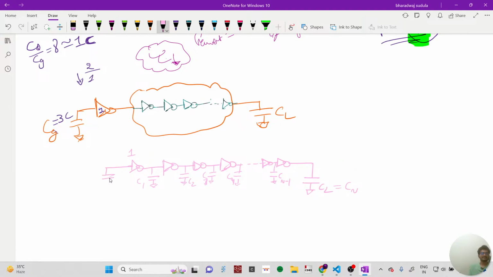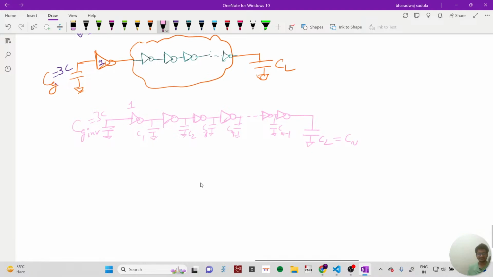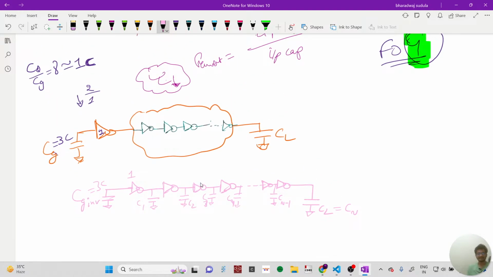And this is the minimalistic inverter's input gate cap. Let's consider it as CG inverter, which is actually 3C. I did nothing so far. I'm just trying to find out the cloud of logic gates which would reduce the delay.